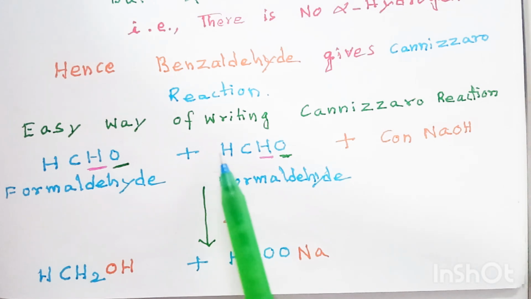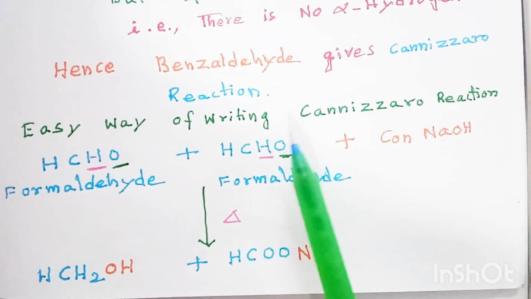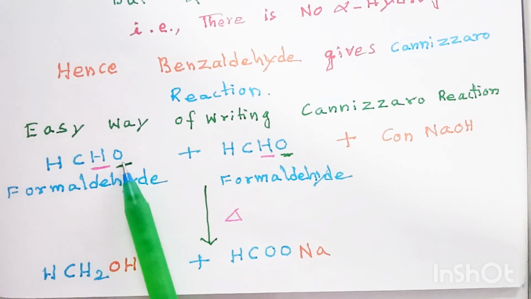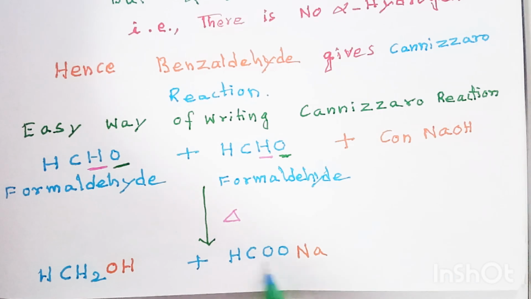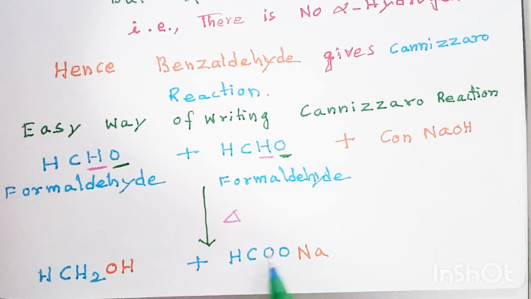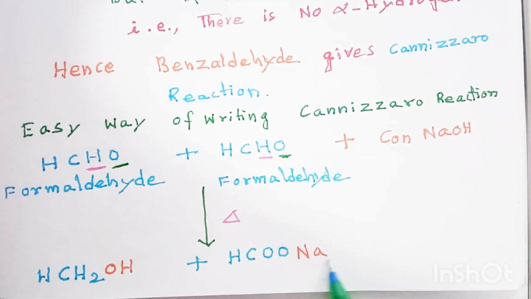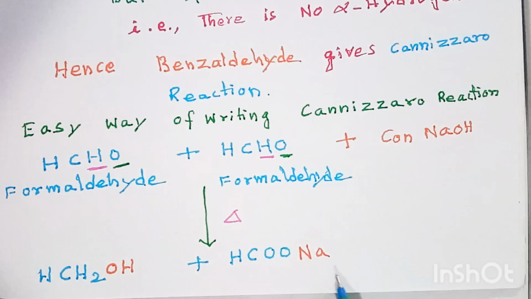Now here HC is left. Write HC. There is one O and there is one O here. Write both the oxygens here: HCOO. Write Na from here to here. So this becomes HCOONa.